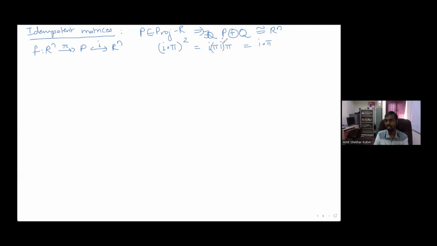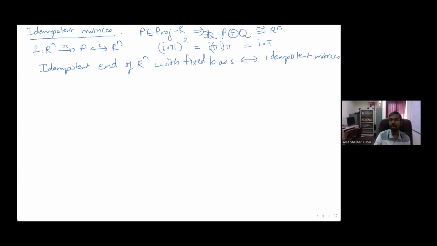So it seems that, therefore, idempotent endomorphisms of R^n with a fixed basis should correspond to idempotent matrices. Correct?